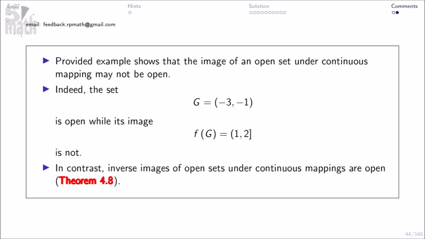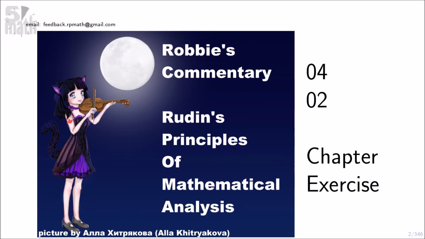Indeed, the set G equals -3, -2 exclusive is open, while its image f of G equals 1 not inclusive, 2 inclusive is not. In contrast, inverse images of open sets under continuous mappings are open. Theorem 4.8.